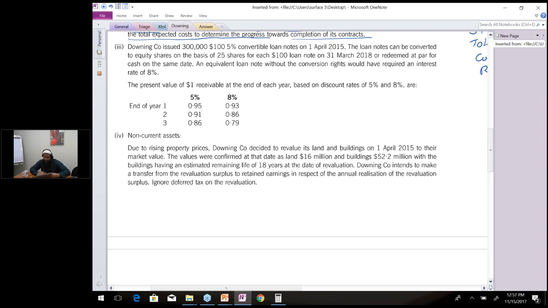Shiza is saying that she has opted for CB. No, paper-based exams. Okay, now let's solve adjustment number 3. The question says that Downing Company issued 300,000 $100 convertible loan notes, which makes it 30,000.